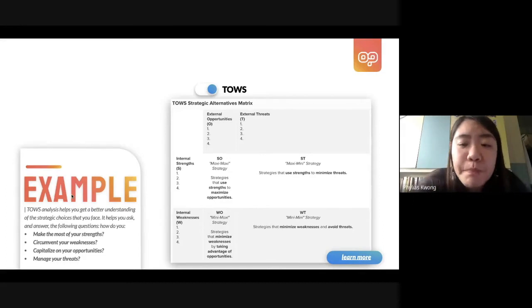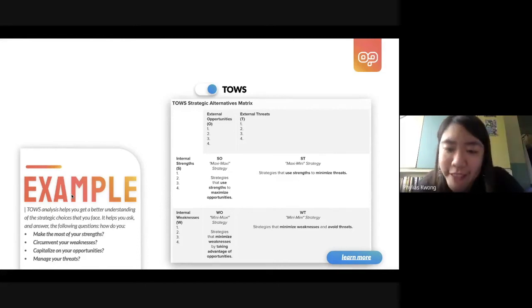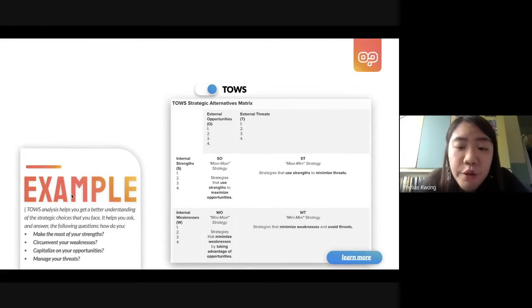So the first box, between strength and opportunity, is called maxi-maxi strategy. What does it mean? In this box, you are trying to use your strength to maximize your opportunity. For example, in ISEC, one of the strengths we have is word of mouth marketing. And externally, we can see the trend that people are more convinced when they have user reviews, especially from families or friends.